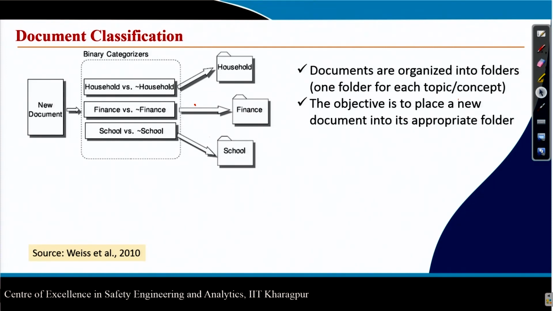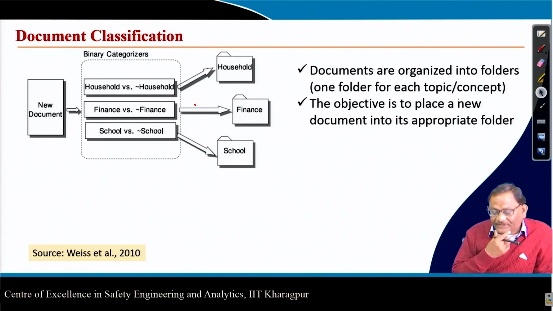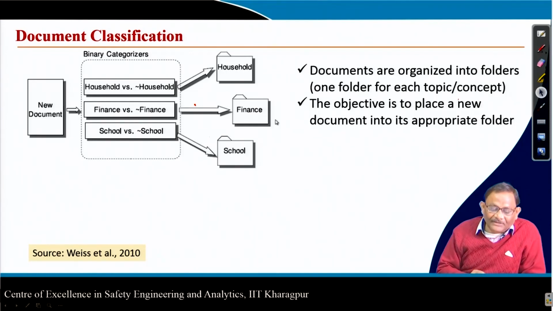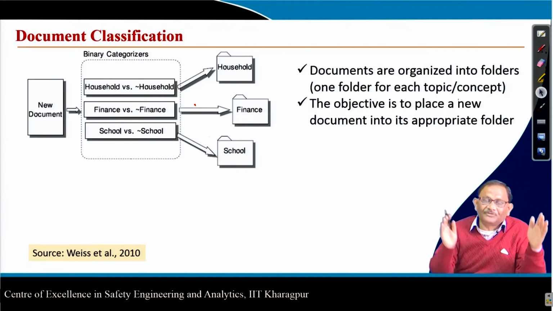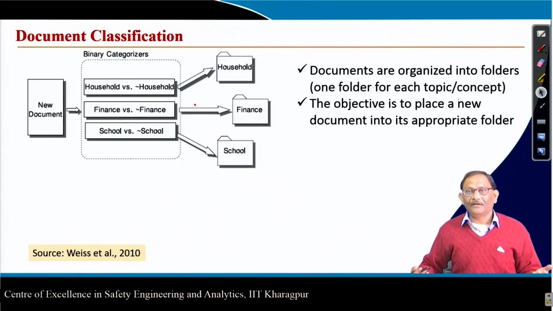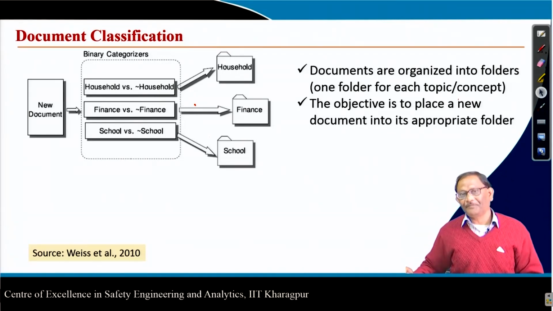That means you know, a priori, what the group names are. For example, here I have given a very general example. Suppose there are 3 kinds of documents: household related, finance related, school related. Think of a government, any state or central government. They are dealing with people's welfare, so household, finance and school related documents are prepared, and they will again be huge in number.